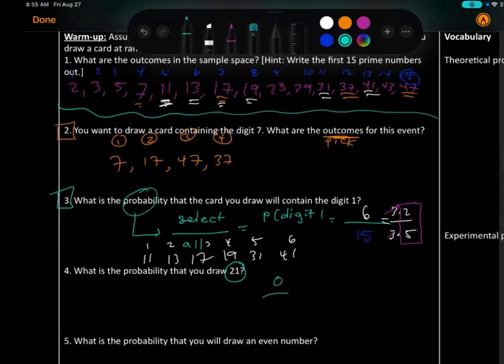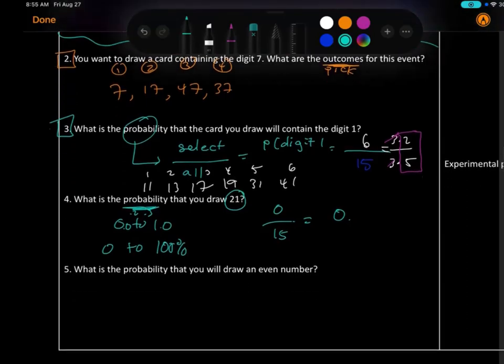That would be a 0 out of 15. So that would be a 0. Remember, probabilities are numbers between 0 to 1 or 0 to 100%, because you might have something like 0.2, 0.3, you convert it to a percent by multiplying by 100, but you can't even pick 21, so that would be a 0%.